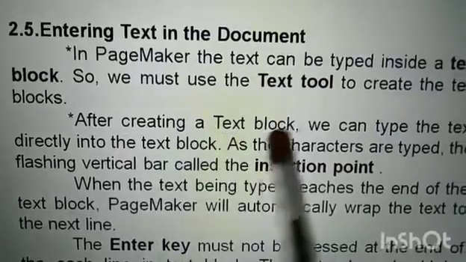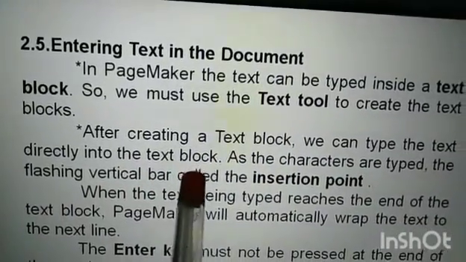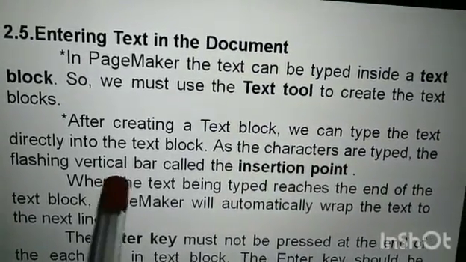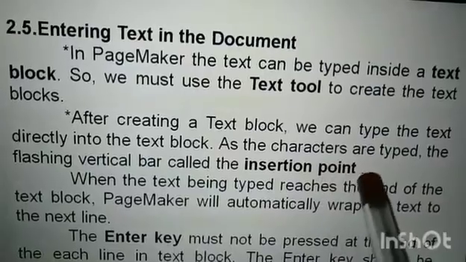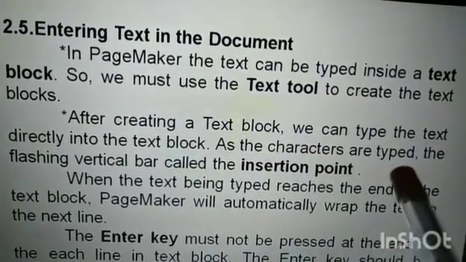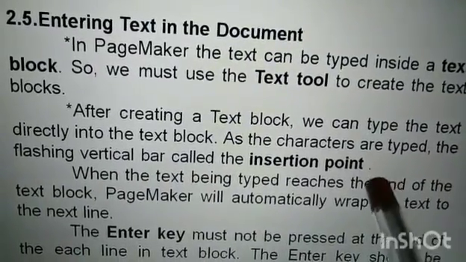After creating a text block, we can type the text directly into the text block. As the characters are typed, the flashing vertical bar is called the insertion point. It's a 1-mark question.